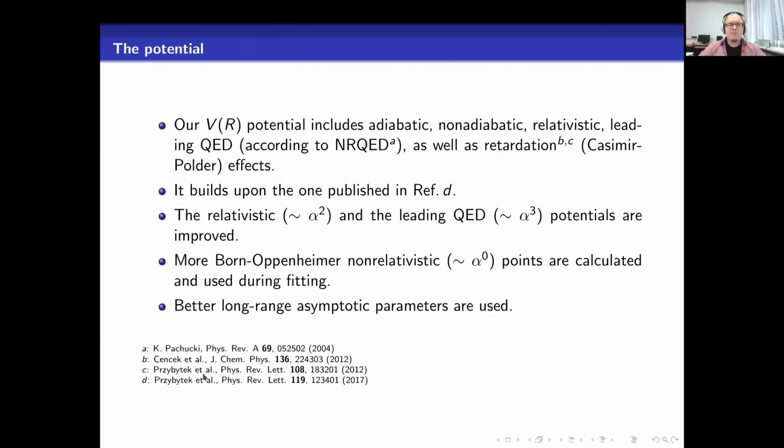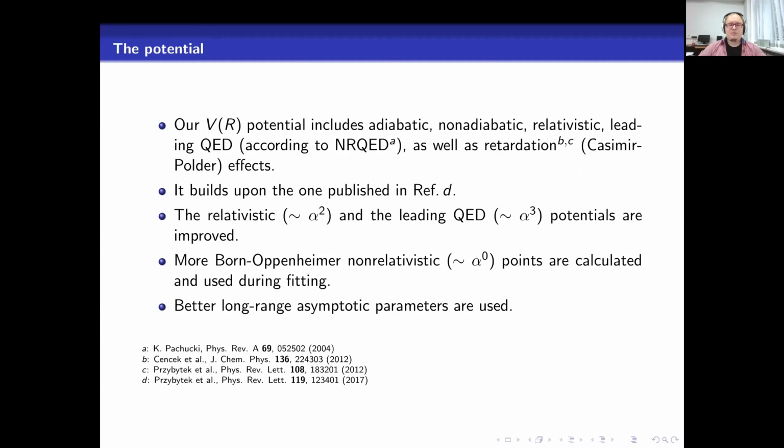So our interatomic potential includes adiabatic, non-adiabatic, relativistic, and leading QED corrections, which can be described, for example, according to non-relativistic QED theory, which was described, for example, by Mariusz Puchalski in his talk. Also, we make sure the long-range asymptotics of the potential are correctly described by Casimir-Polder theory.